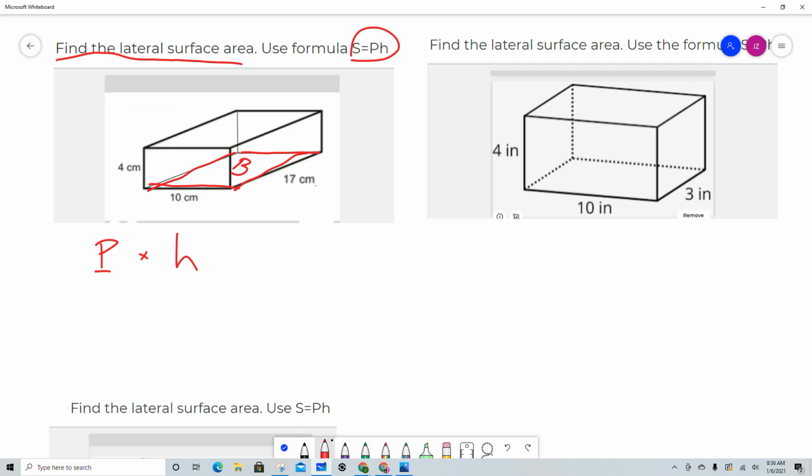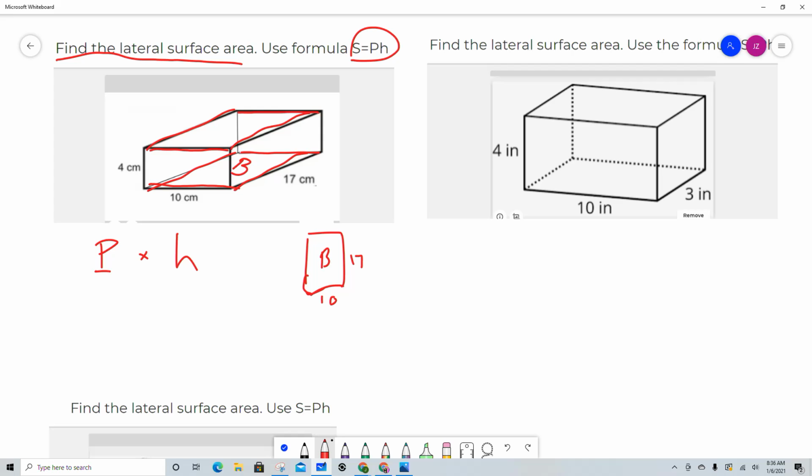And if the base is right here on the opposite side, you would have your second base, okay? Now, that base right there is a rectangle. So I'm going to go ahead and draw that rectangle right here, capital B. And that rectangle is made up of 10 centimeters by 17 centimeters.